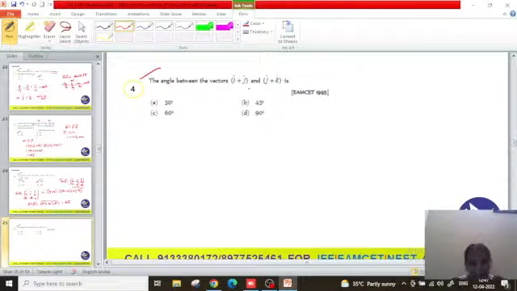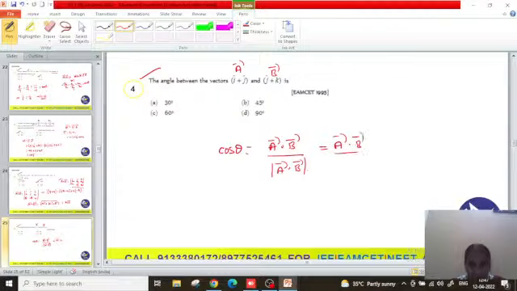To find the angle between them, let us take a bar and b bar. Cos theta is equal to a bar dot b bar by the magnitude of a bar and the magnitude of b bar. Means you need to take a bar dot b bar divided by magnitude of a and magnitude of b.